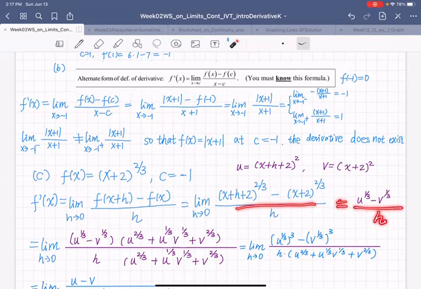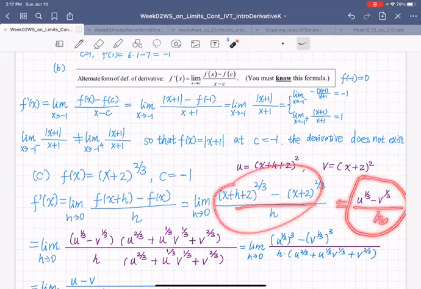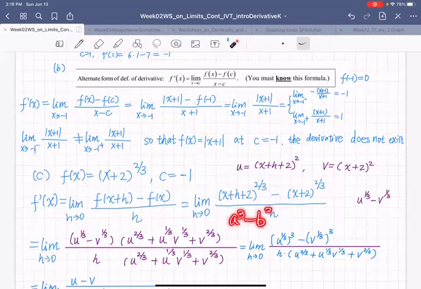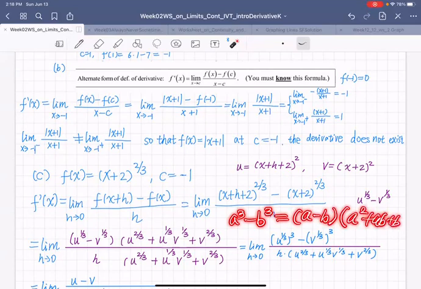Now this becomes way simpler than the other. How do we change this? Did we learn something called a cube minus b cube equals a minus b times a squared plus ab plus b squared? Do we have this formula?